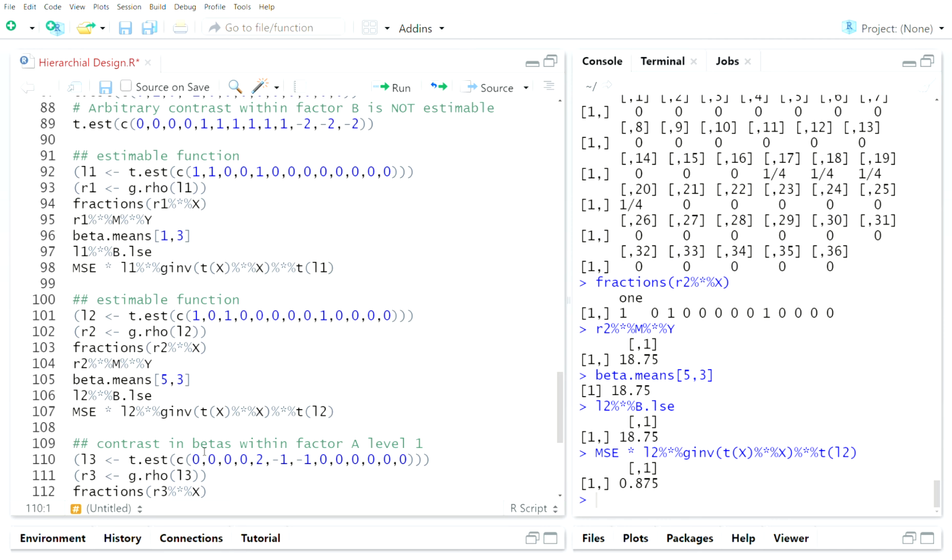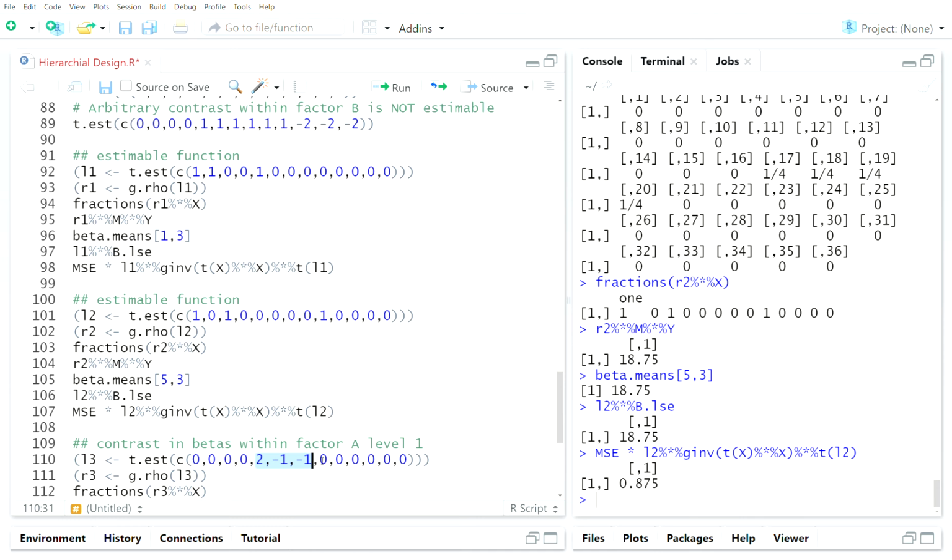Now, if we're going to do a contrast for the betas, it has to be within a factor level. So the 2, -1, -1 are the betas that are nested under level 1 of factor A. And so we can create a contrast, and it's always estimable.